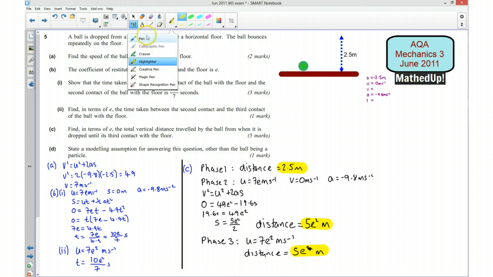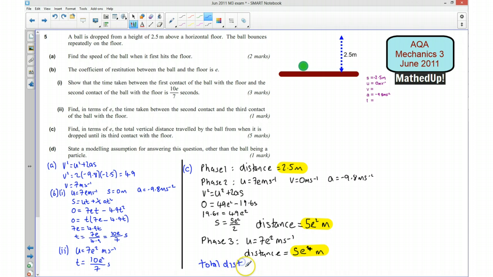So we can now write down our solution to this, because our total distance is going to be equal to 2.5 plus 5e squared plus 5e to the power of 4 meters. And that's it for part C.